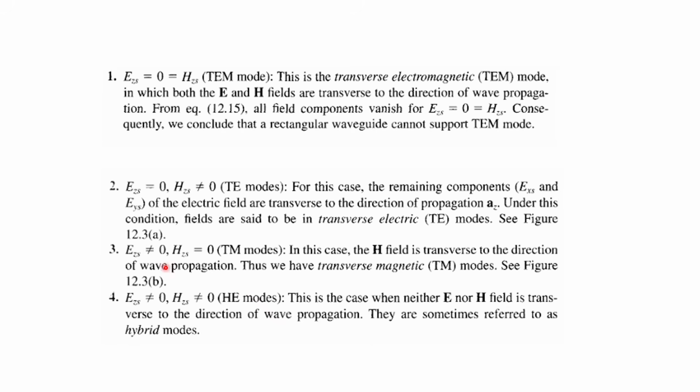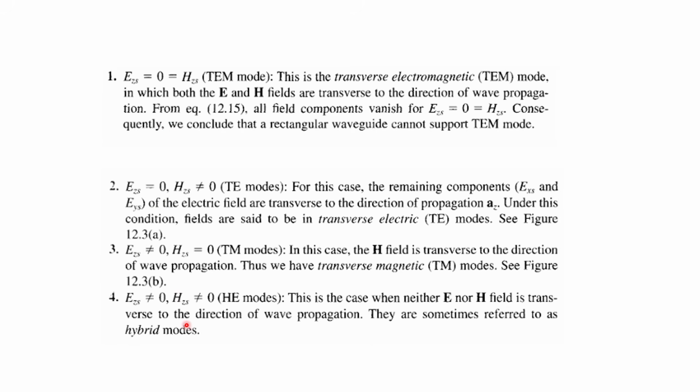So very simple. If magnetic field is zero in the propagation direction, then that is called the TM modes. If electric field is zero in the wave propagation direction, that is called TE mode. And if both are zero, that is TEM. So whatever is zero in the wave propagation direction, that is the name of the modes.